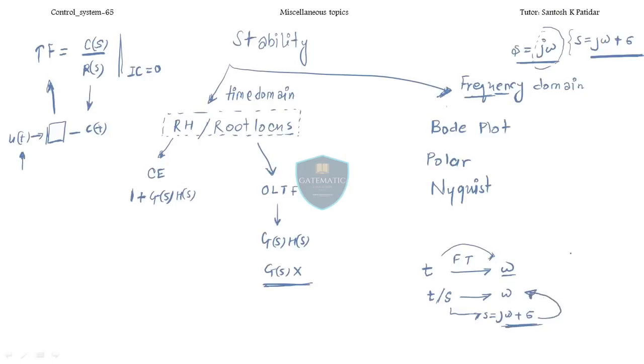What is the relation between Fourier transform and Laplace transform? If sigma equal to 0, the Fourier transform is nothing but the Laplace transform.